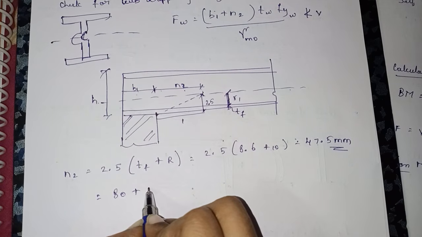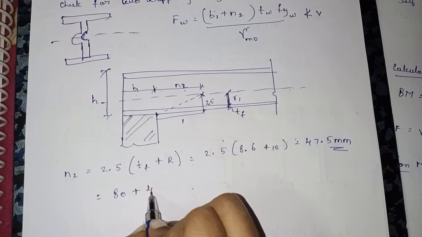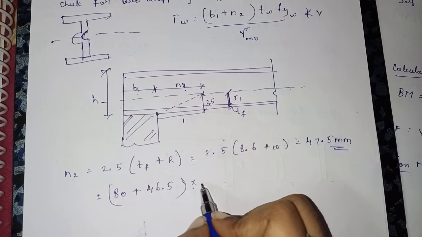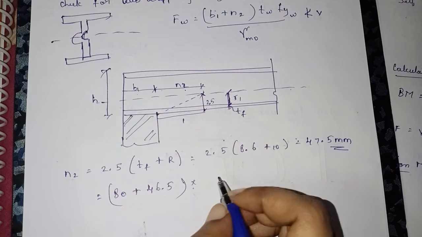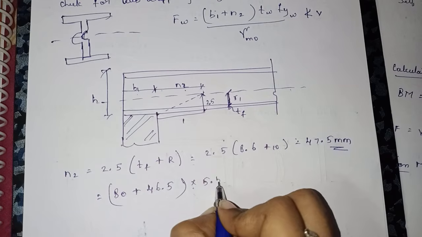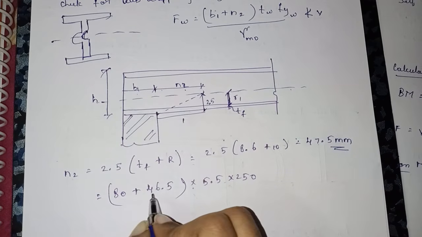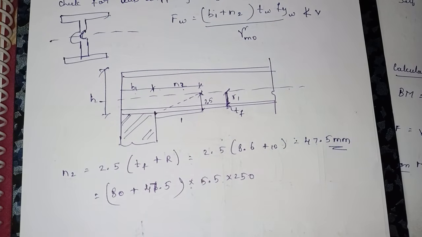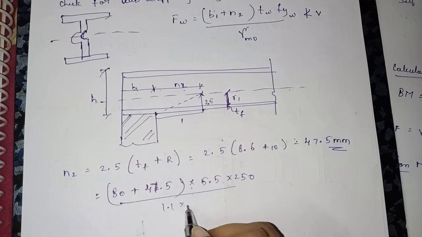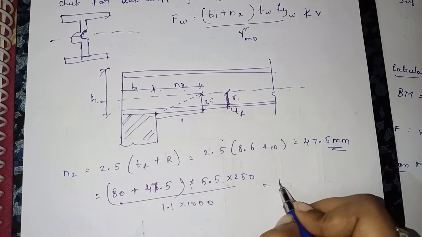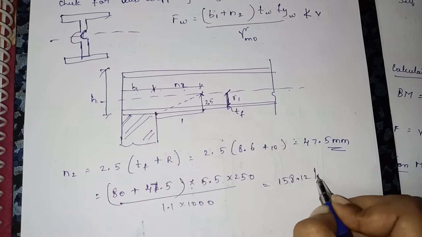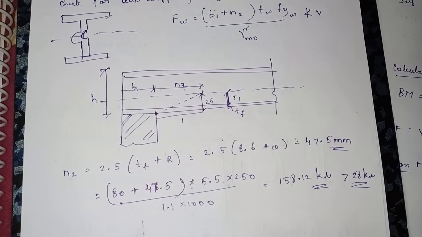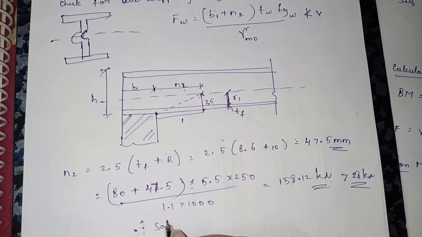This is an assumption, you can take 100 or 150, whatever you want, into 5.5 into 250, divided by 1.1 into 1000, so that is 158.12 kilonewtons, and that is greater than 28 kilonewton, so it is safe.